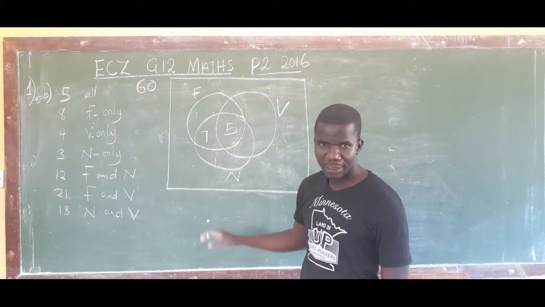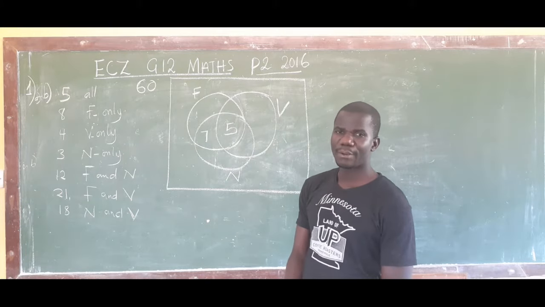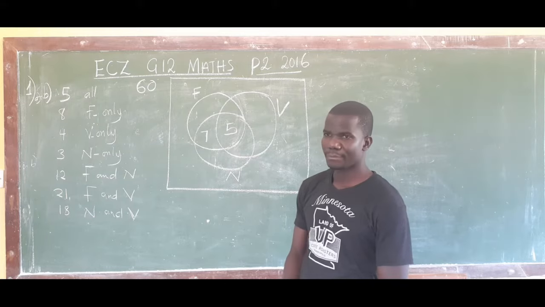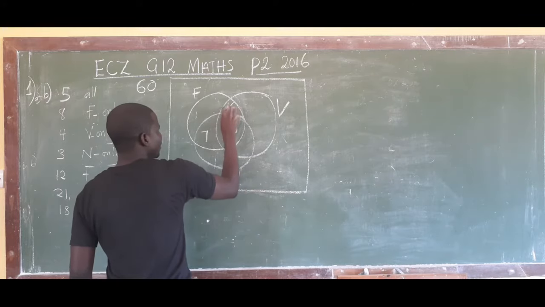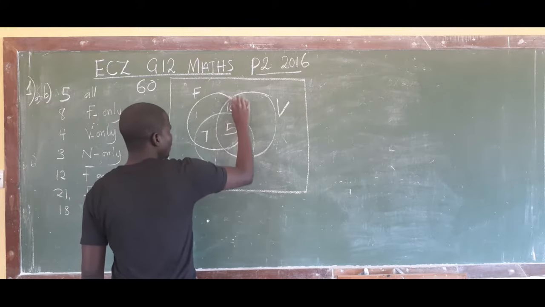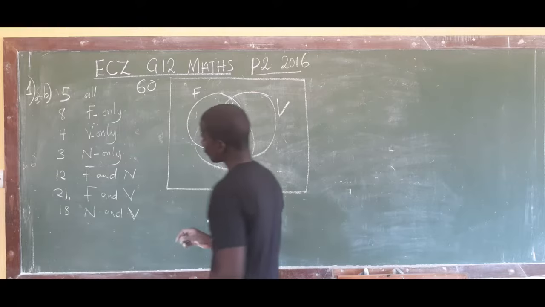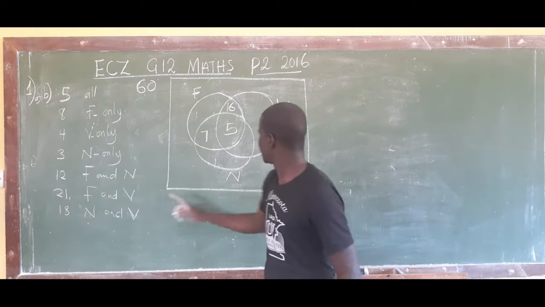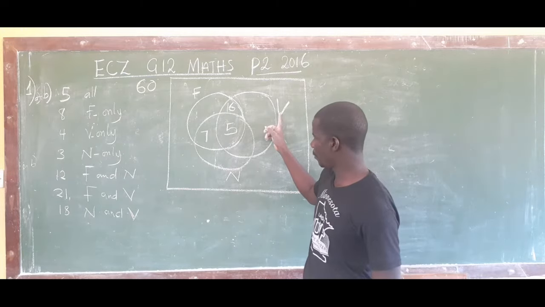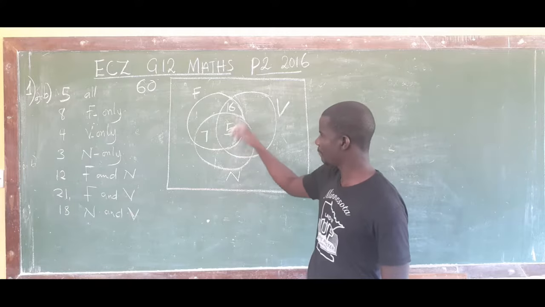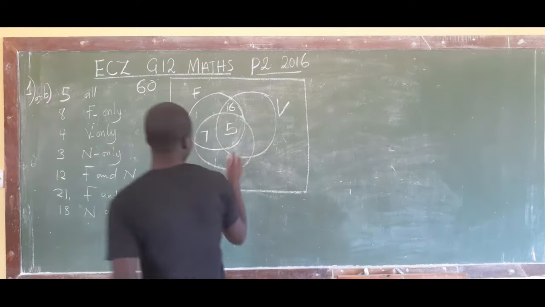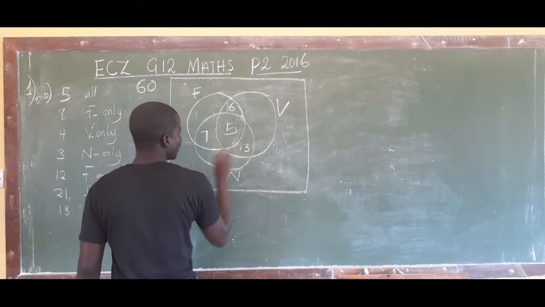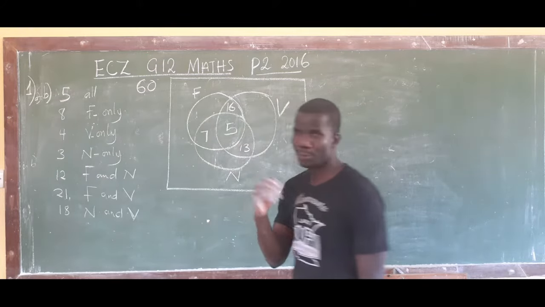When we subtract, we get 16, so our 16 should be here. 18 is netball and volleyball. The same thing, we already have 5, so you subtract 5 from 18 and you get 13. I hope you are following.